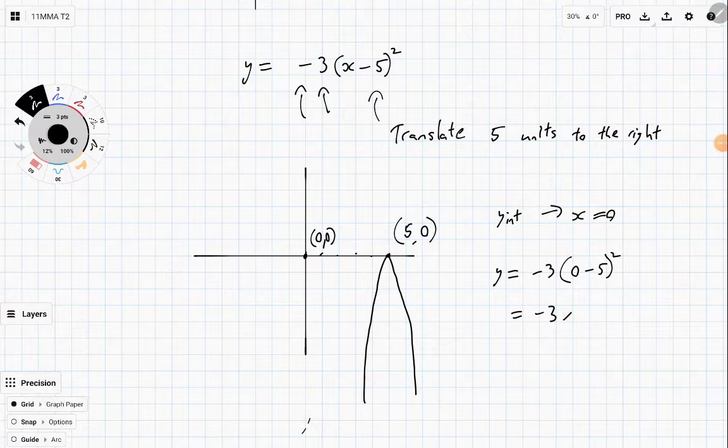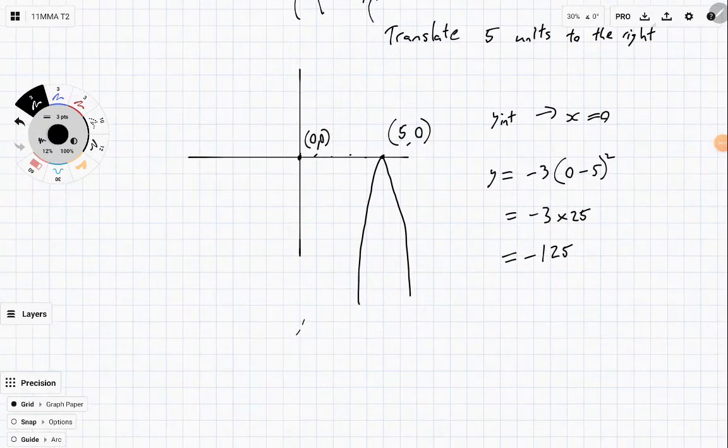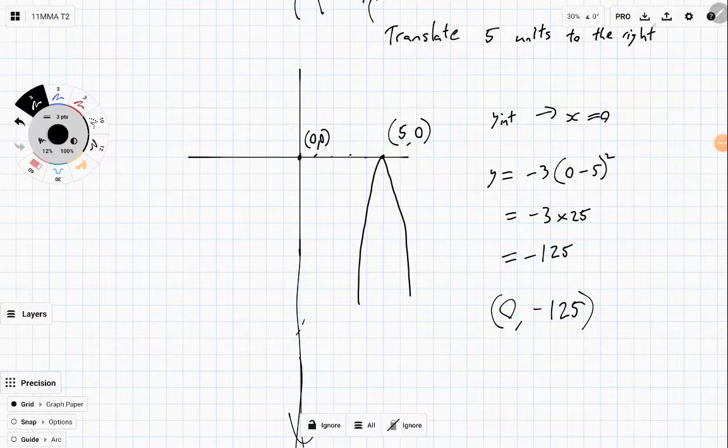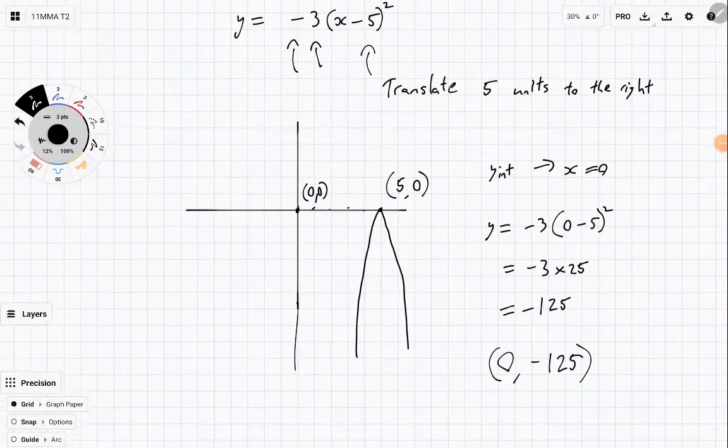So it's times 25, so the intercept is going to hit at negative 75. So it's a fair way down on this axis. So the coordinate would be (0, negative 75), way down there. But it will hit the y-axis eventually. It always does, unless there's a domain restriction. Alrighty, so there's our first sketch.